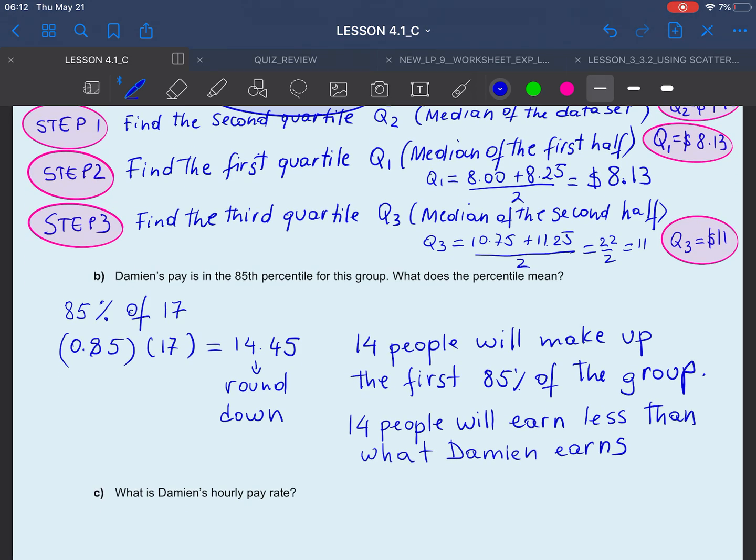So that means that Damien must be the 15th student in the list, right?